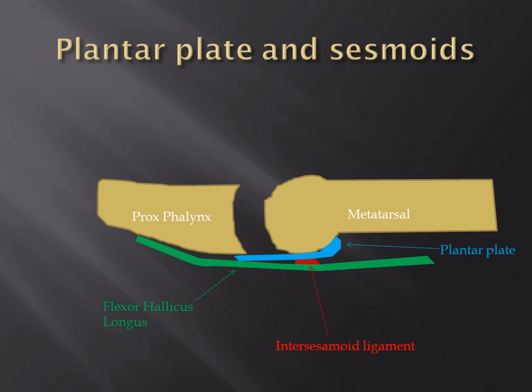Deep to that is this thickened plantar aspect of the capsule, the plantar plate, and it has a fairly proximal attachment on the metatarsal near the head-neck junction, and out on the plantar aspect of the proximal phalanx.